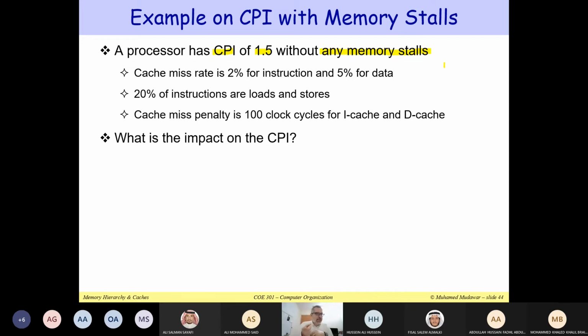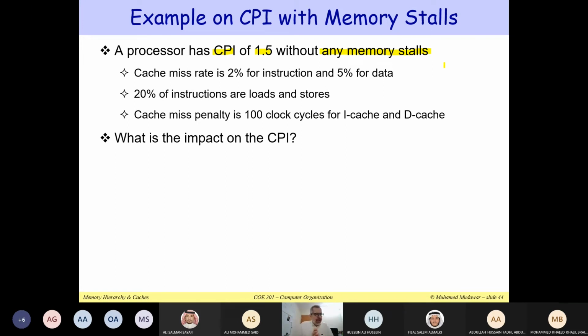So the CPI is not really perfectly equal to 1. It's 1.5. Now, we would like to add to this 1.5 the wasted clock cycles, the memory stall cycles per instruction. In order to do this, we have to look at the caches.